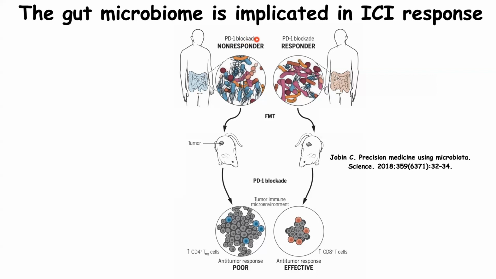We are not sure why patients respond or don't respond, or why the drug fails or doesn't fail in patients, but these groups decided to look at the microbiome of patients that don't respond to PD-1 versus responders, and they found they had different microbiomes. So responders have a different microbiome than non-responders.